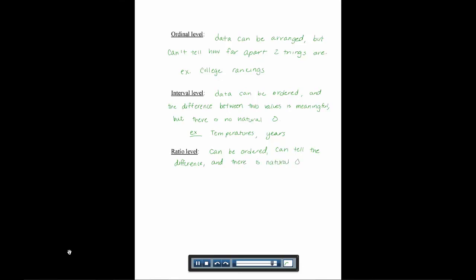Anytime you're measuring something, any measurements or counts of things. For example, if I tell you one person is 5'4" and one person is 5'7", they're 3 inches apart. We know 5'7" is taller than 5'4". That's the ordering. And a natural 0, even though it would be unlikely, a person could be 0 inches tall. That would be the lowest a person could be. Okay, so those are the 4 levels of measurement.